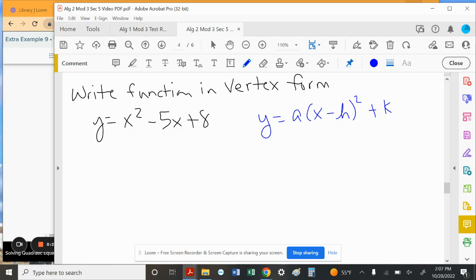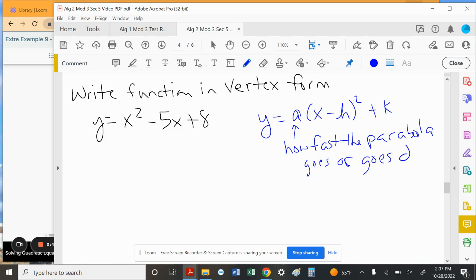Now, a lot of different things going on here. The a variable tells me how fast the parabola, because that's what it is, a second degree function, goes up or goes down. So that's going to give us some information.